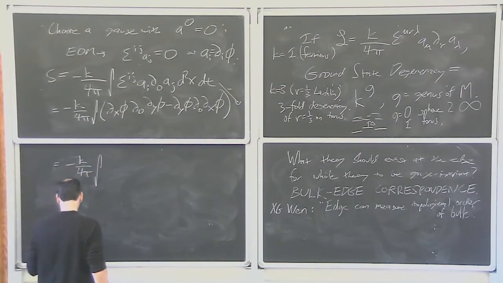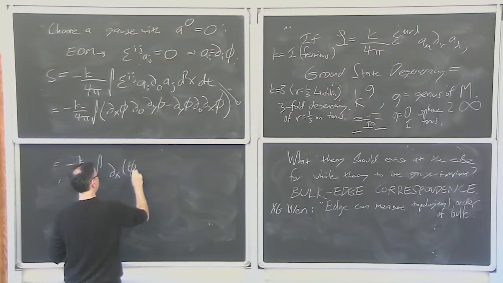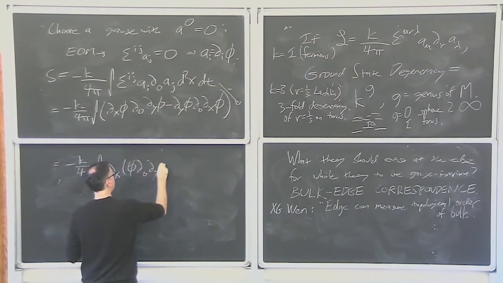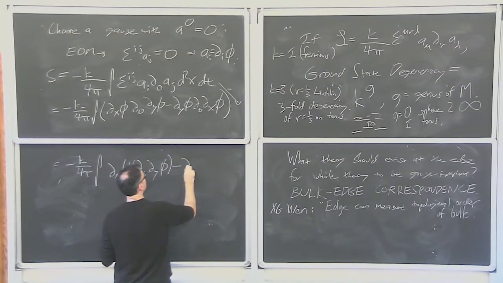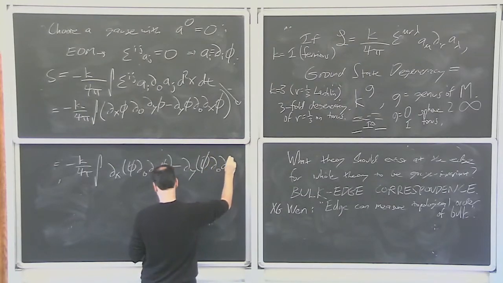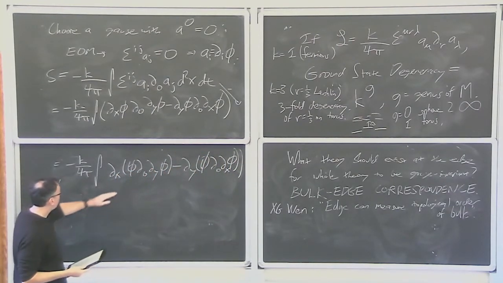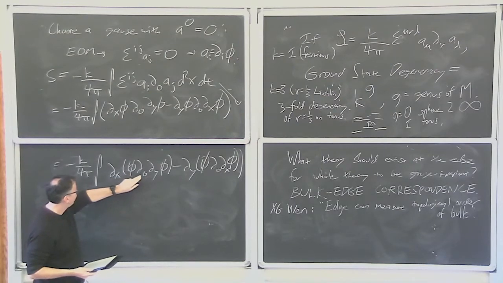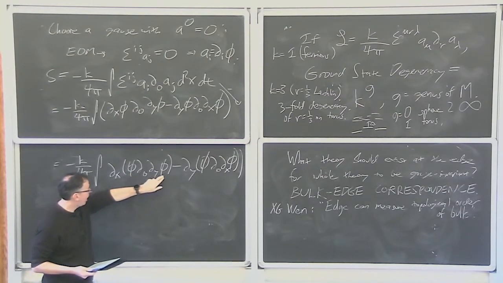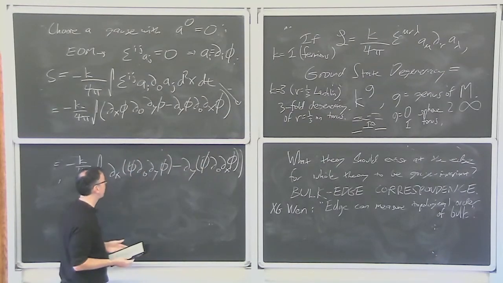Let me write this as dx phi d naught dy phi minus dy phi d naught dx phi, again, same d2x dt. What I did here was I will get one extra term, which is phi d naught dx dy phi, but I'll get the same thing from here, so those two will cancel out. So this is indeed equal to that.